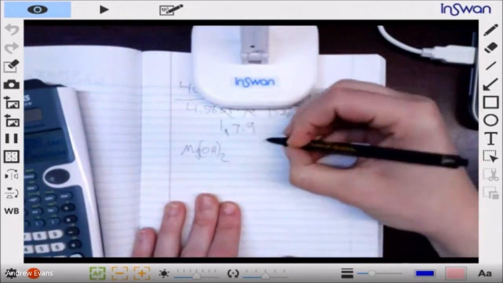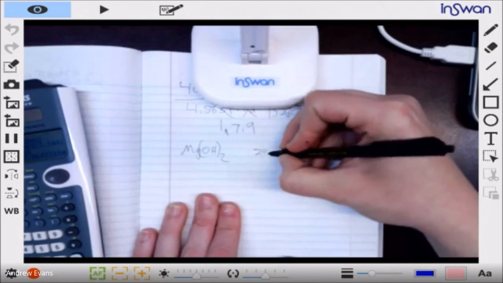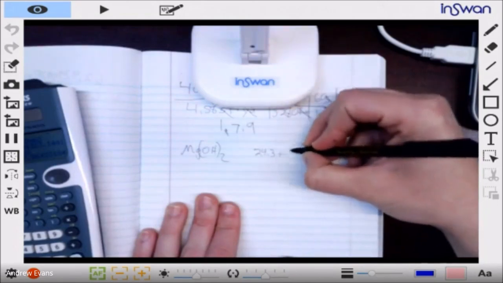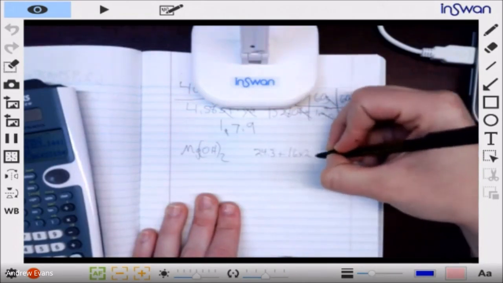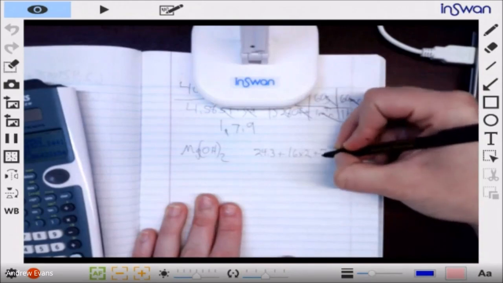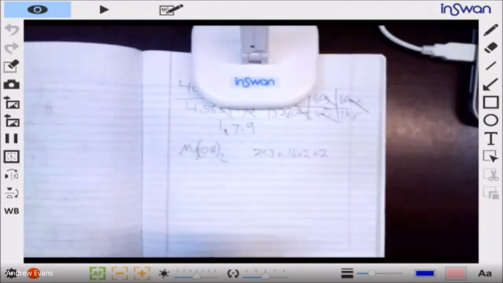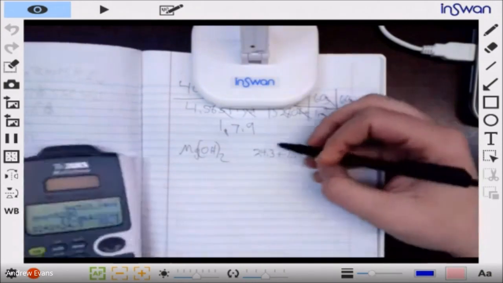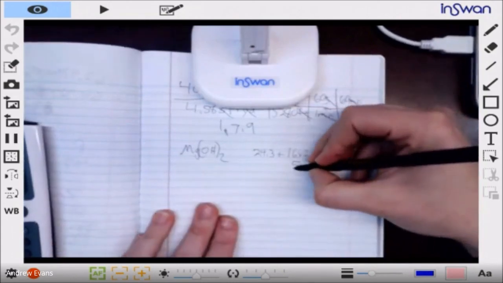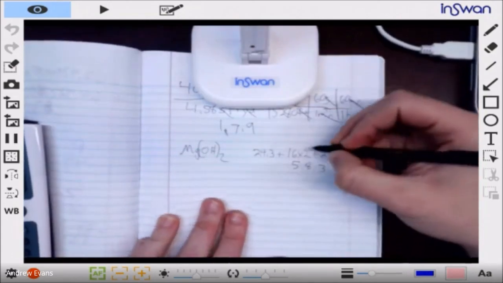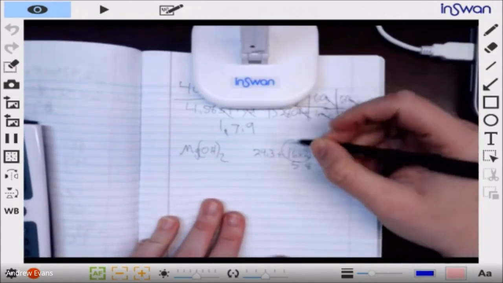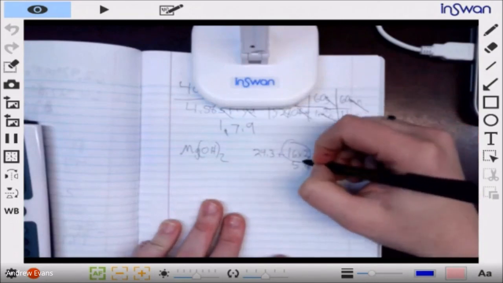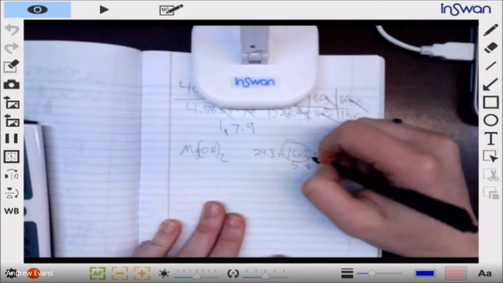So the total mass is 24.3 from magnesium plus 2 oxygens plus 2 hydrogens. So 32 plus 2 plus 24.3. The total mass is 58.3. The oxygens account for 32 of that, 16 times 2.